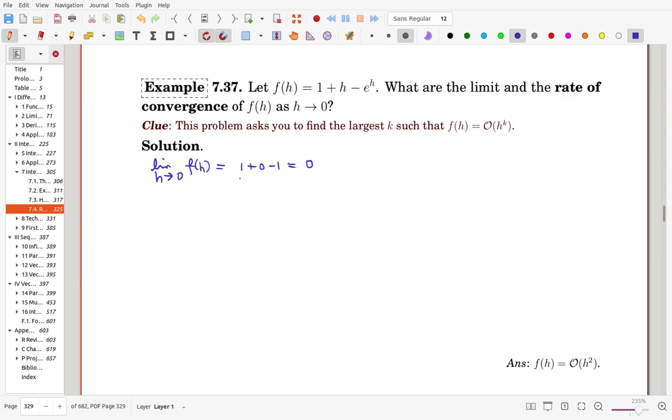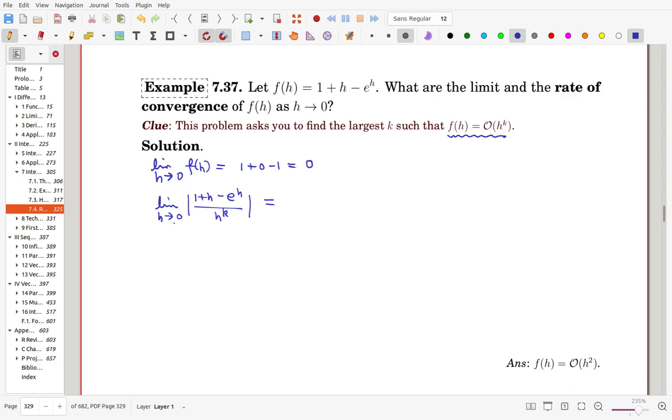And here, we try to see the rate of convergence of f of h. This problem is asking you to find the largest k such that f of h is big O of h to the k. In order to get k, we start with the definition: as h approaches 0, the absolute value of 1 plus h minus e to the h over h to the k.